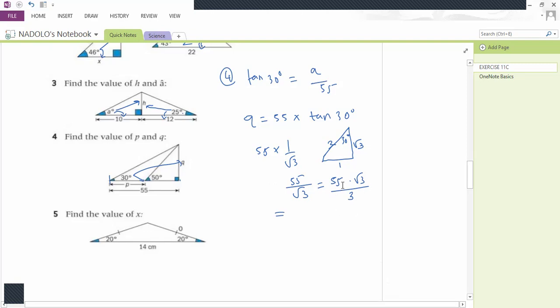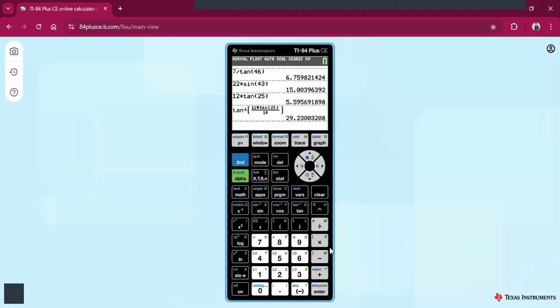That was the exact answer for Q, but you can use your GDC to get the answer, keeping in mind the accuracies. So we're going to say that Q is given by 55 times tan 30. So you're going to write 55, then times tan 30. 31.754.